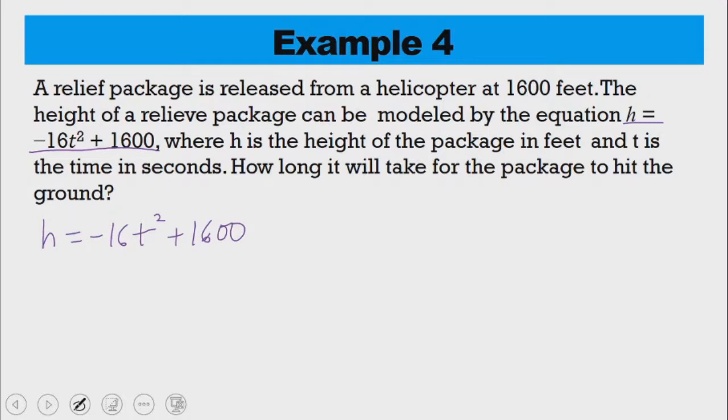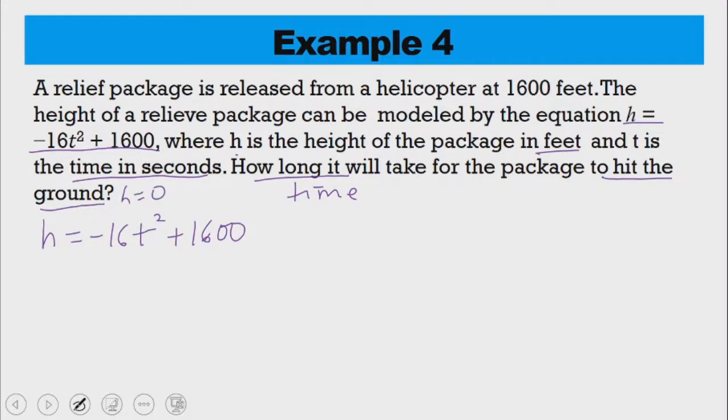So we're told in this story that H is the height of the package measured in feet and t is the time in seconds. So the question is how long, that will be time, will it take for the package to hit the ground? When the package hits the ground, that means our H equals 0.